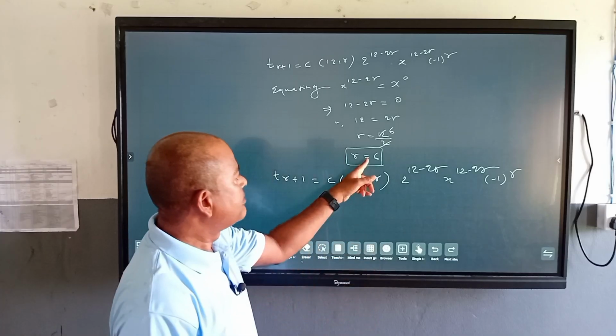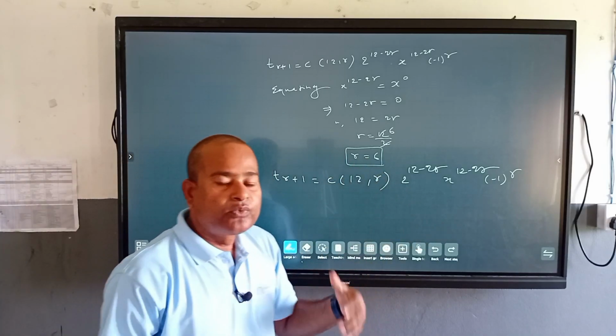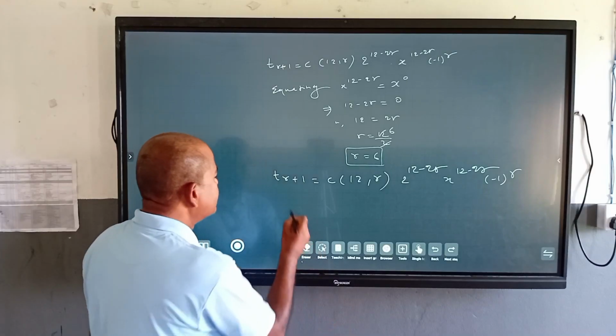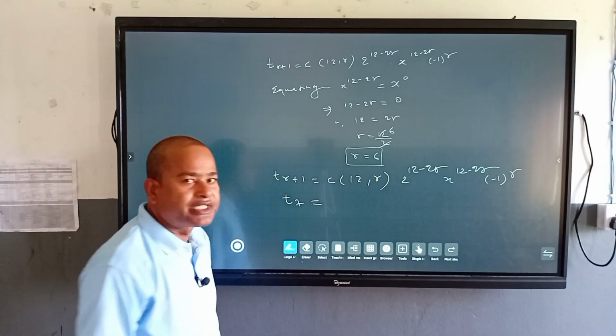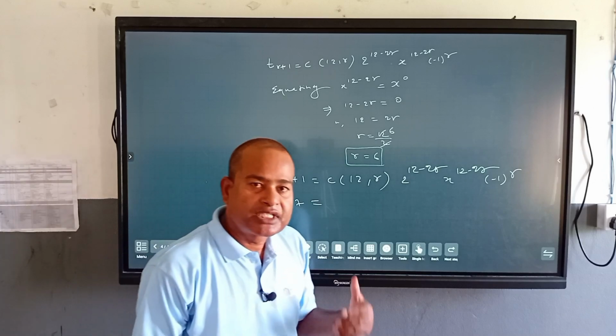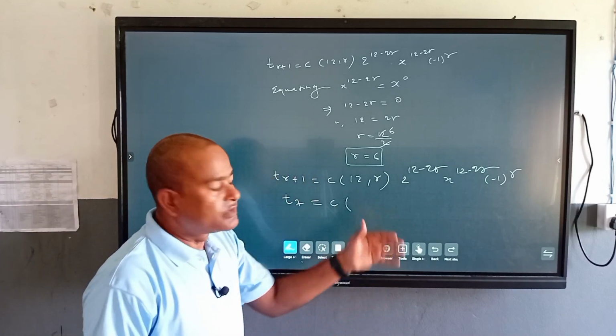So dear students, after putting the value of r equals 6 in the general term, we'll get the term independent of x. So if we put r value 6, 6 plus 1, 7, we get T7. That means the 7th term is the term independent of x according to the given question.